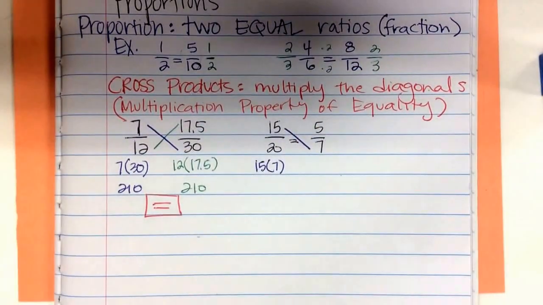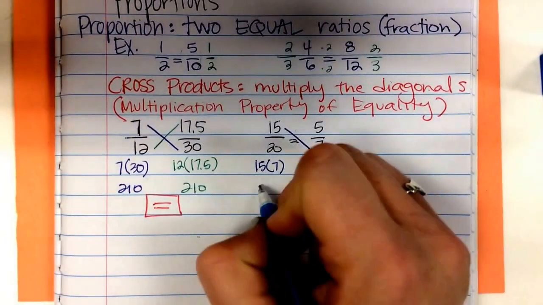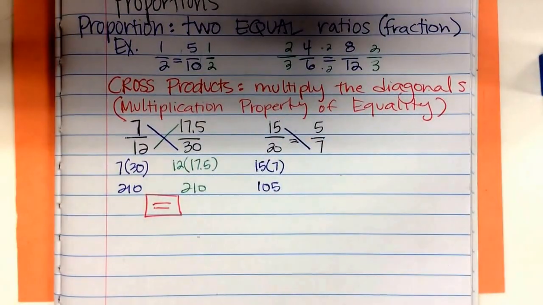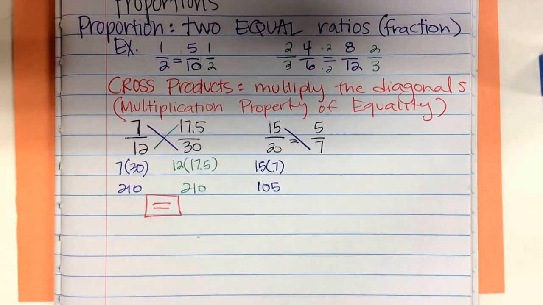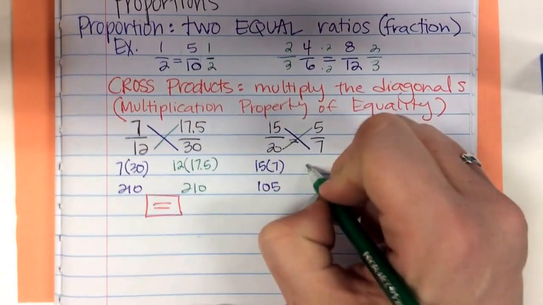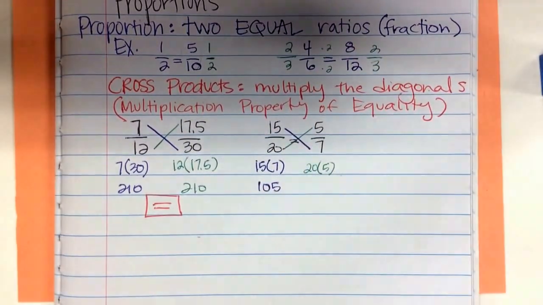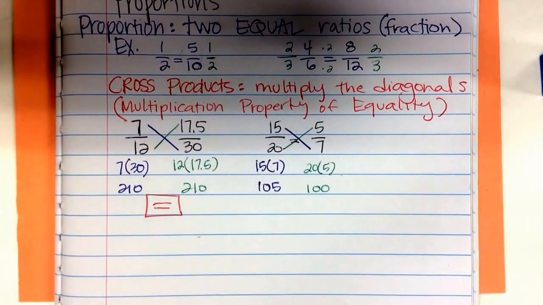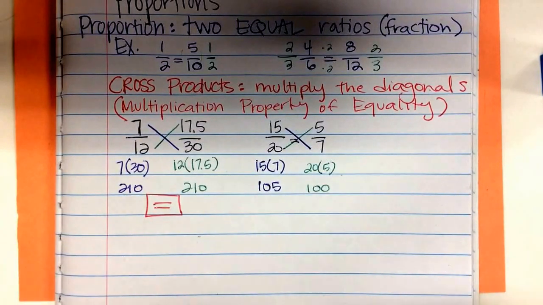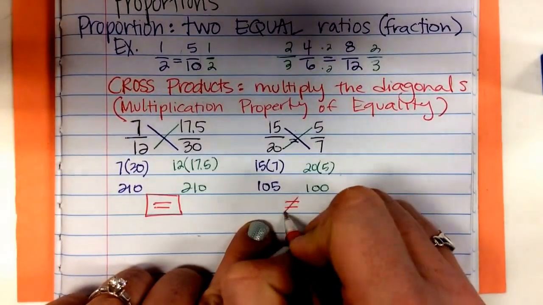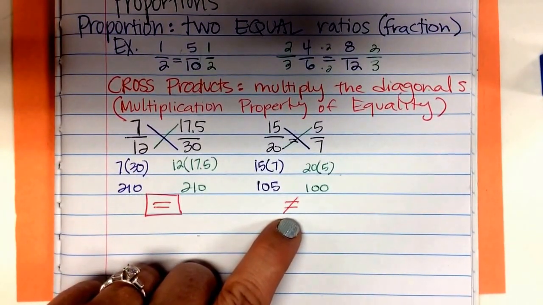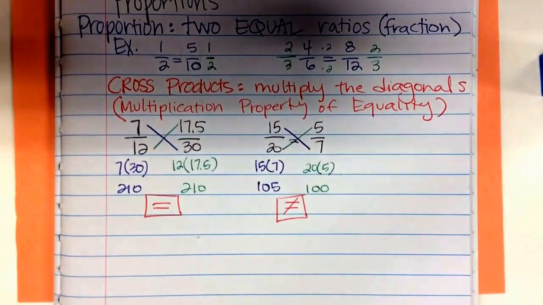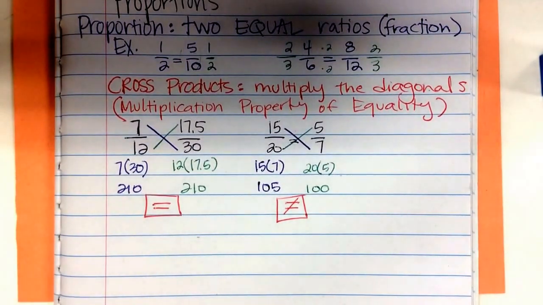What is 15 times 7? 105. 20 times 5, or 5 times 20, it doesn't matter. 100. So are these equal? Is this a proportion? No, so I'm going to put a not equal sign. This one didn't work. Those are not proportional.